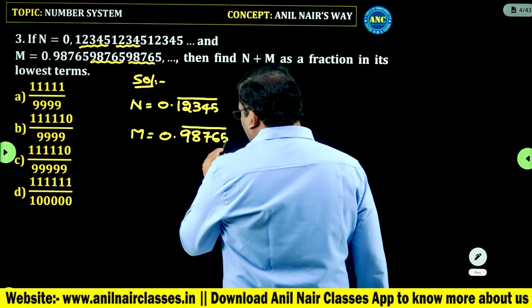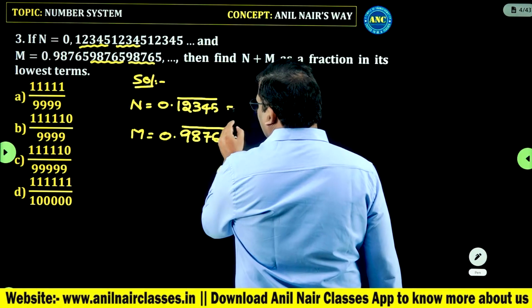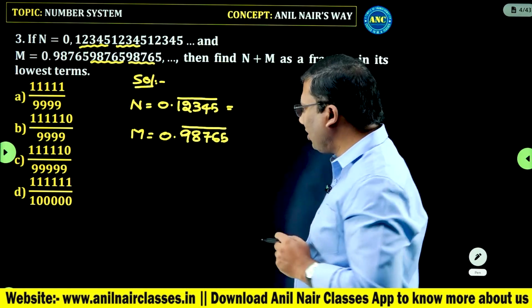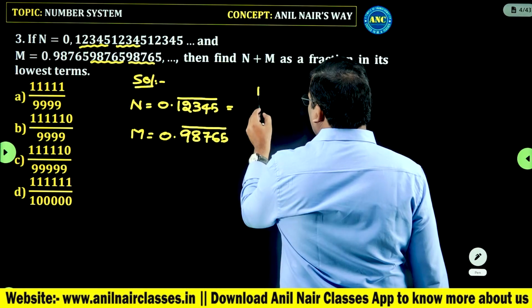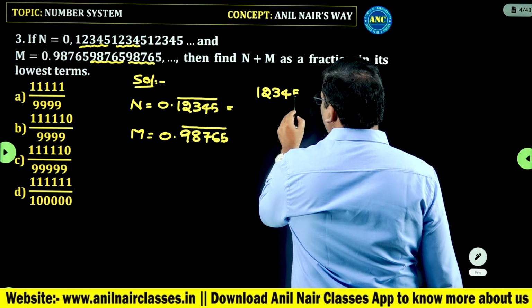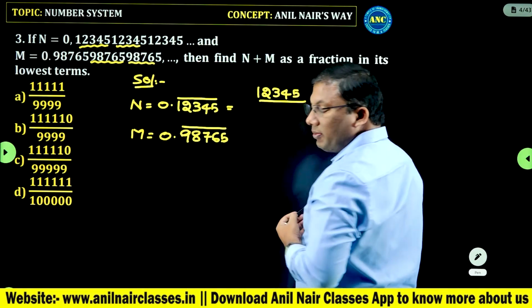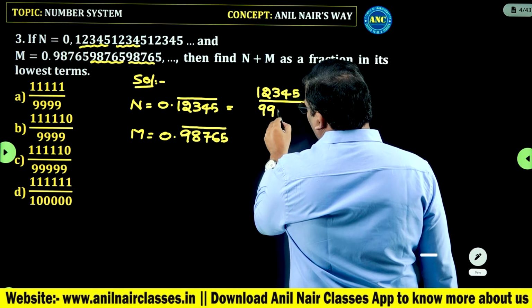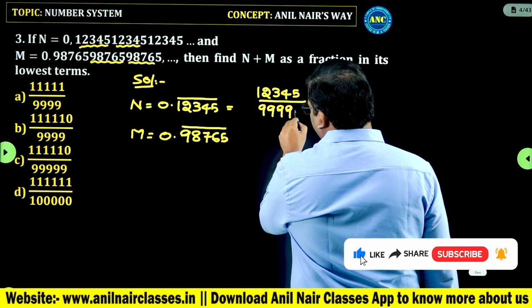Now if you see, this is nothing but how to convert a recurring decimal into a fraction. Whatever number is there, write it down after the dot: 1, 2, 3, 4, 5 by, on how many digits is the bar present? On 5 digits the bar is present. So here it is 5 nines.